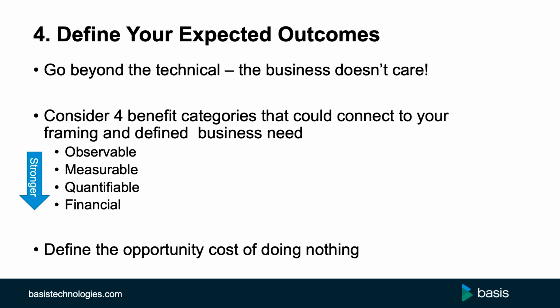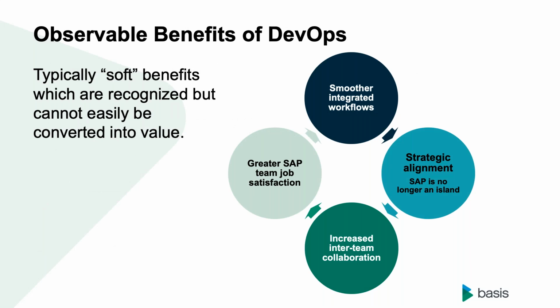So as we look through these different measure types, we'll start off with the observable type. These are typically defined as soft benefits, which are recognized and can be articulated, but can't be converted into something measurable. It can't be converted into something numeric.